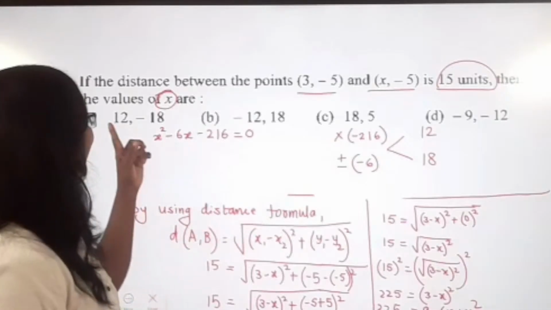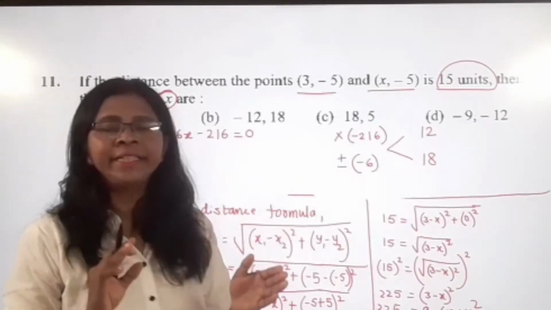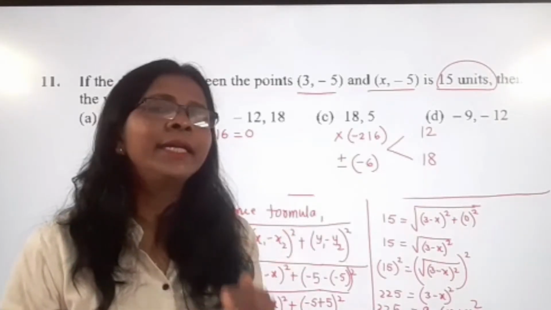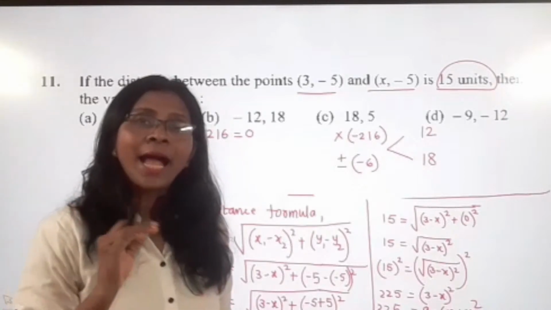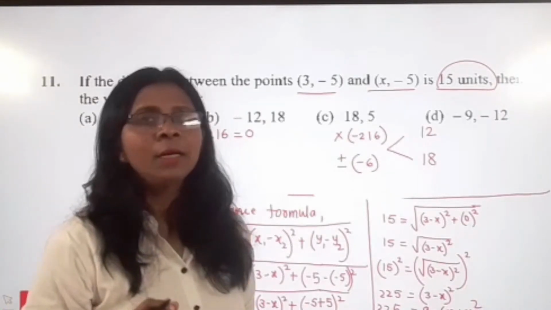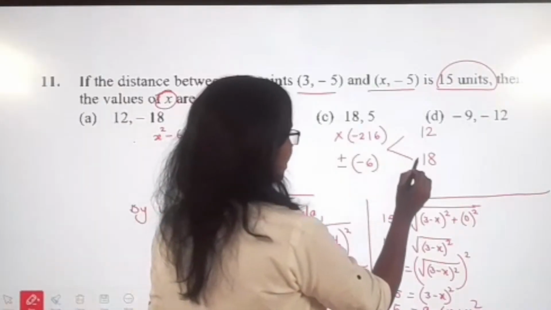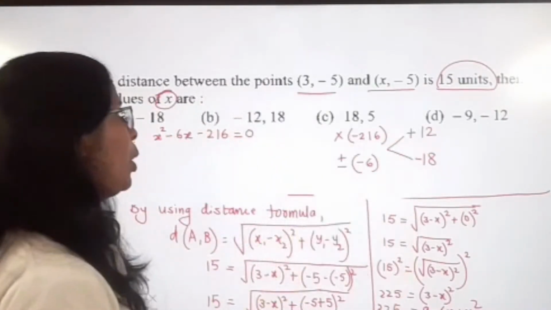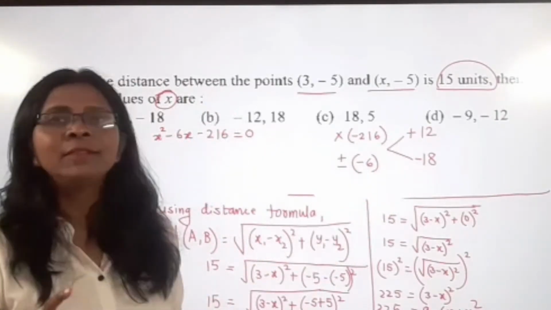Here A and B options are possible, because the numbers 12 and 18, their product is 216, and their addition or subtraction will be minus 6. So which are these numbers? Minus 18 and positive 12. So 12 and negative 18 are the correct numbers.